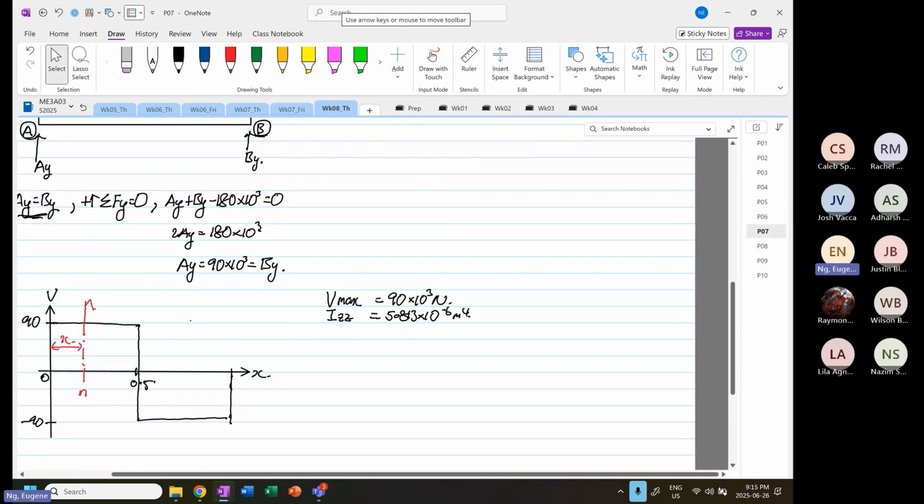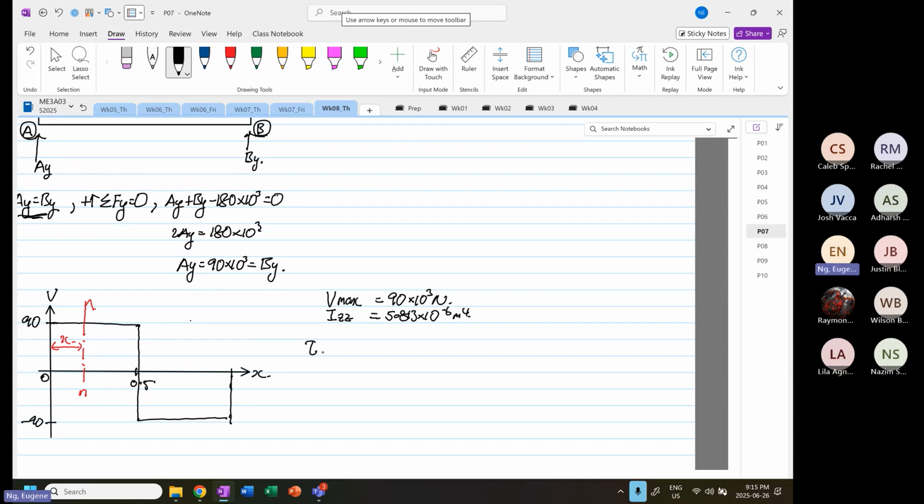What we are going to find is the shear stress at point A. This is equal to Vy over Izz, Qz divided by t. And Vy, we know, is constant. At point A or point B, you can realize that Vy and Izz are constant.